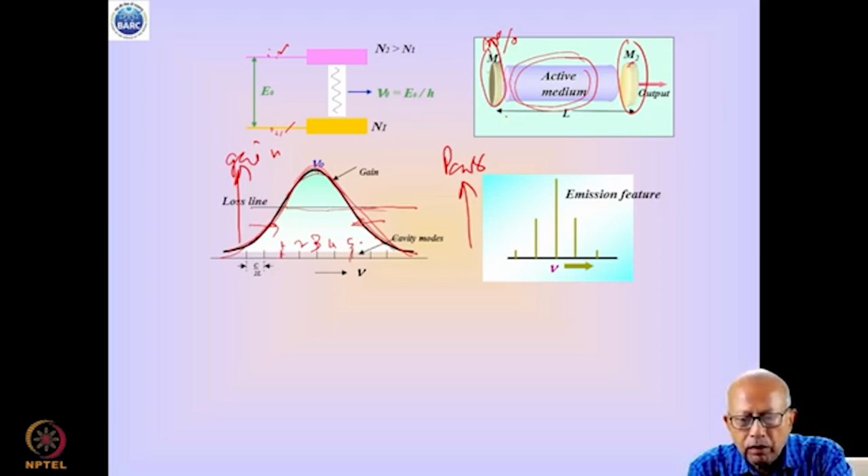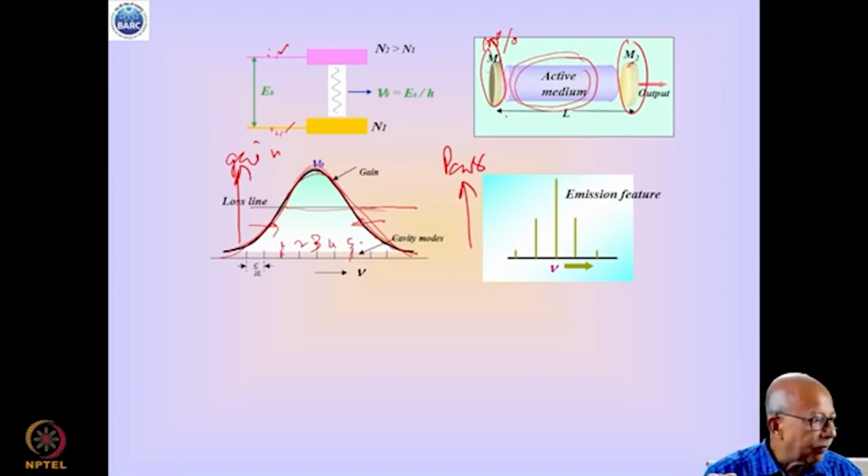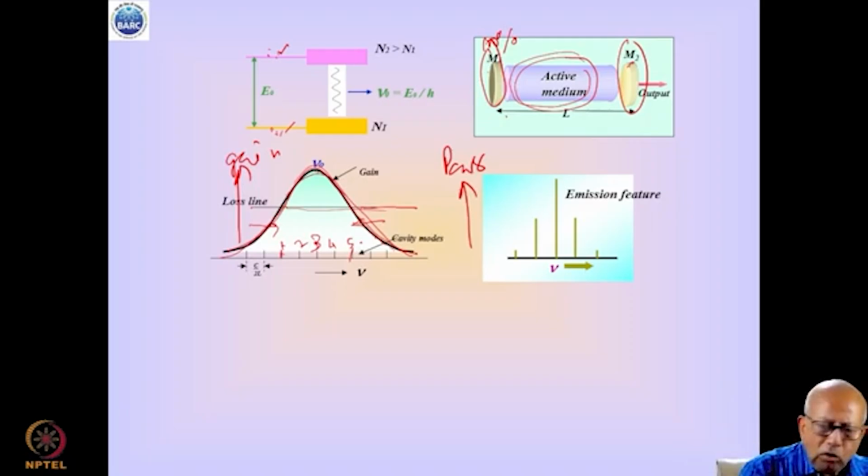True, this multimode laser has a monochromaticity better than that of a conventional source, but surely it is not a highly monochromatic source because so many modes are actually oscillating here. The monochromaticity of the laser can be significantly improved by restricting the number of oscillating modes. This can be achieved in a number of ways.